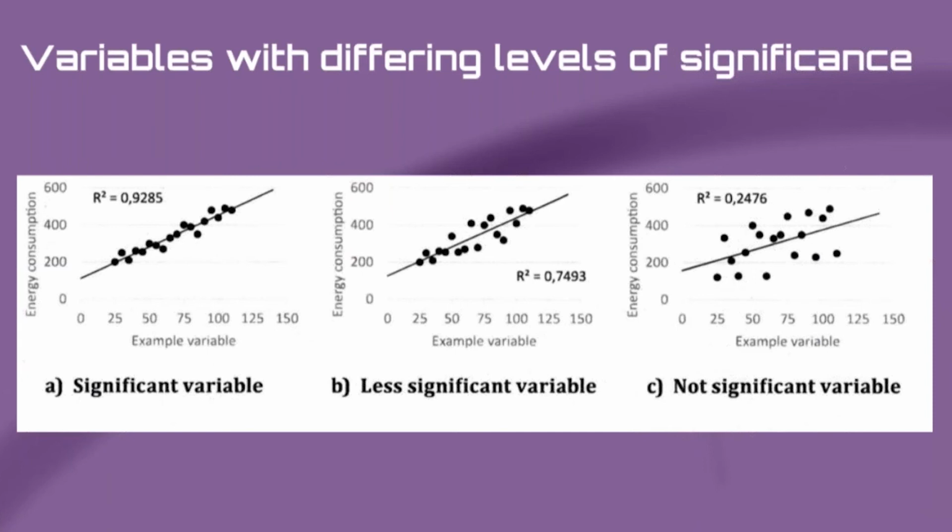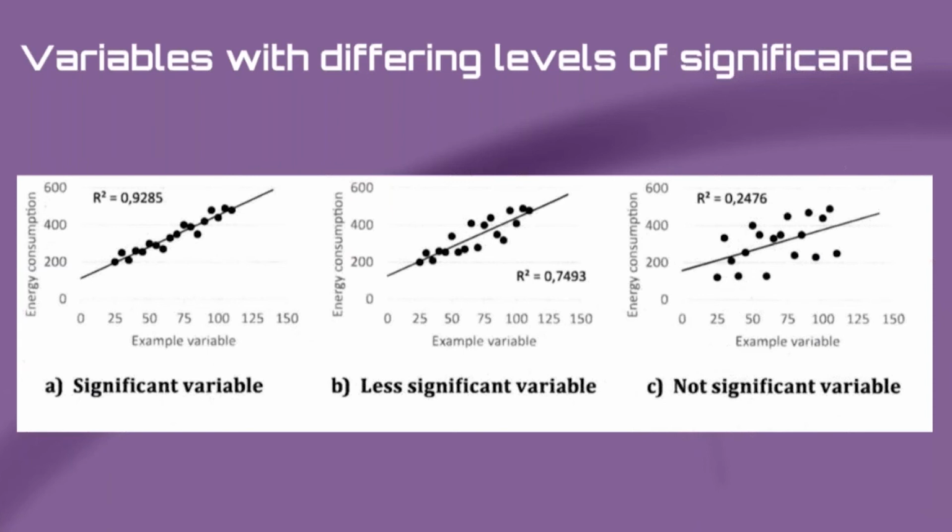So in a building where the weather is a relevant variable, if you plot something like degree days, which are an indicator of how much heating you might need, against your heating energy use, if you saw a nice closely aligned set of results, as in A, that's telling you that the weather data is significant.